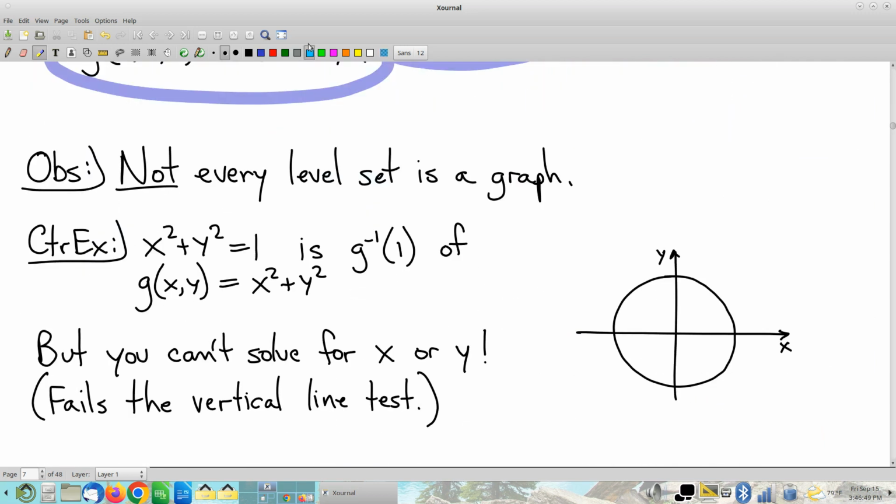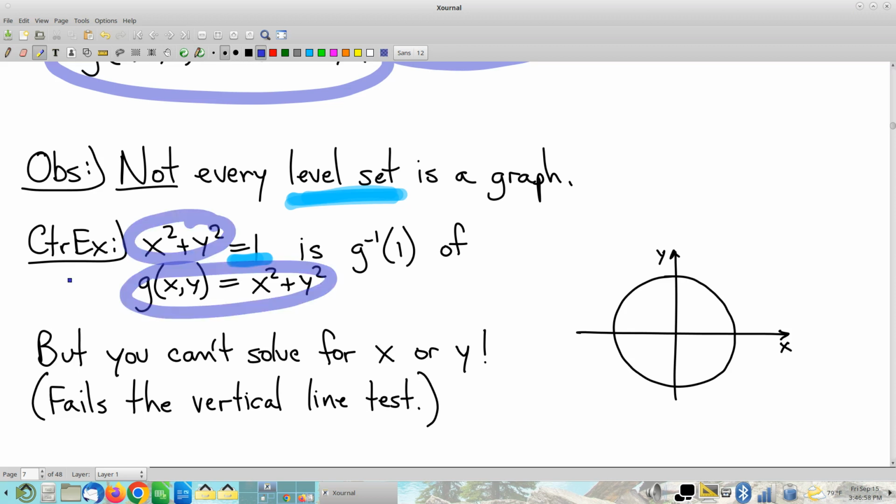Easy example. Here's a level set. Level set of that function right there. But is this a graph? Tragically, no, because you can take that level set and draw a picture of it and just geometrically see this level set is a circle which fails the vertical line test, and you just cannot write y equals a function of x.